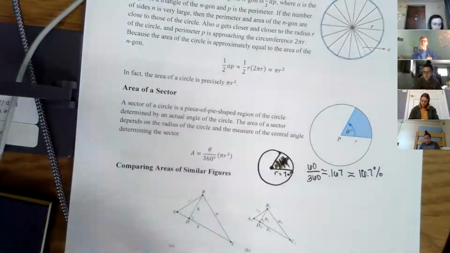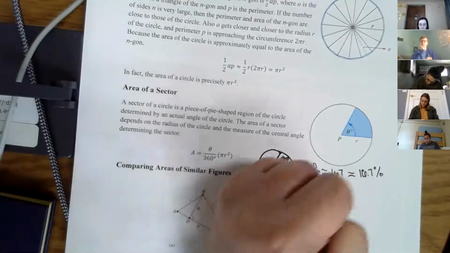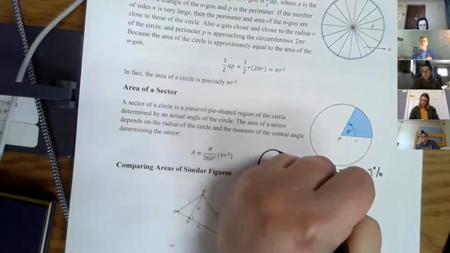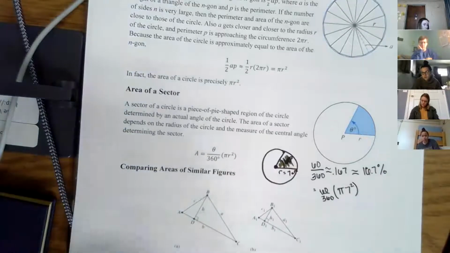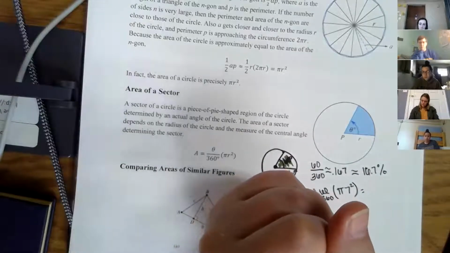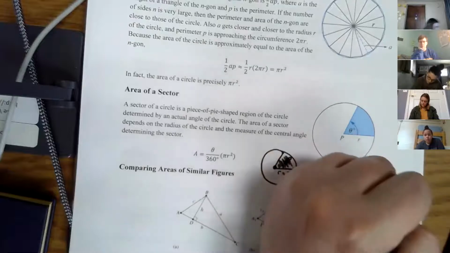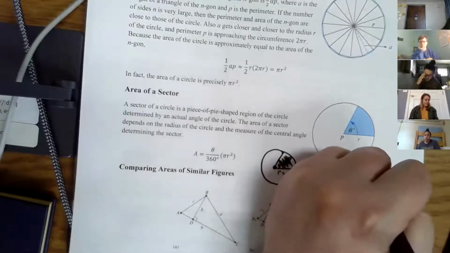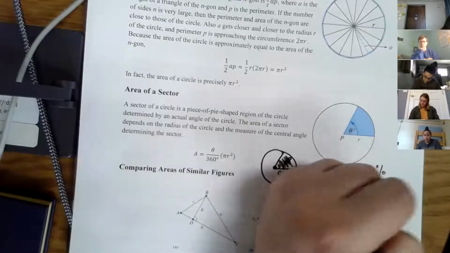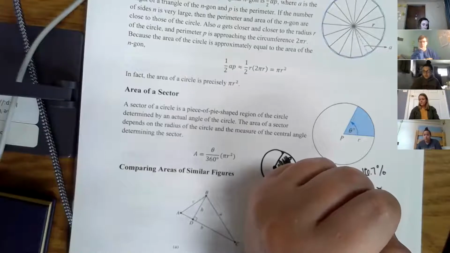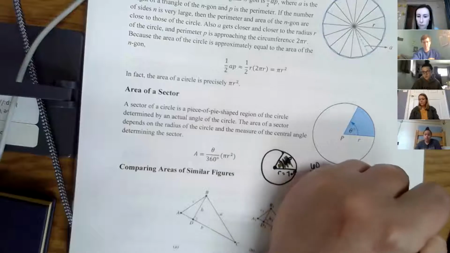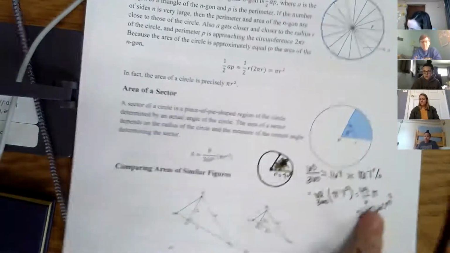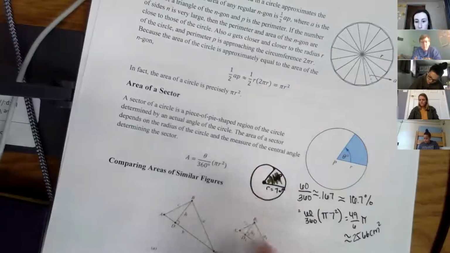So the area of just that piece would be 60 over 360 times pi times 7 squared, which turns out to be 49.6 pi, which is approximately 25.66 centimeters squared.